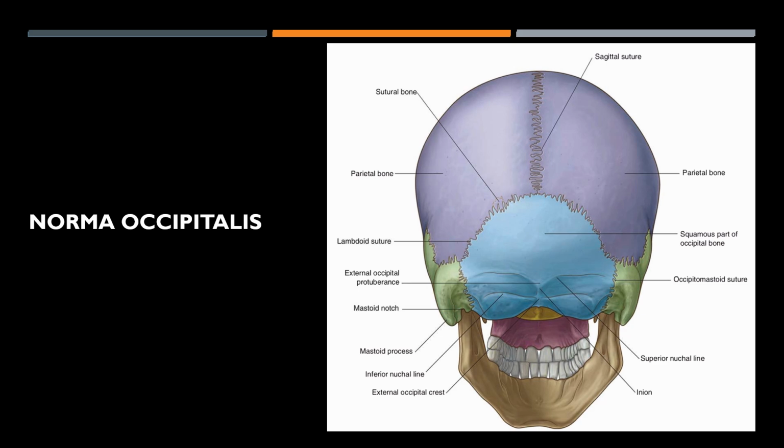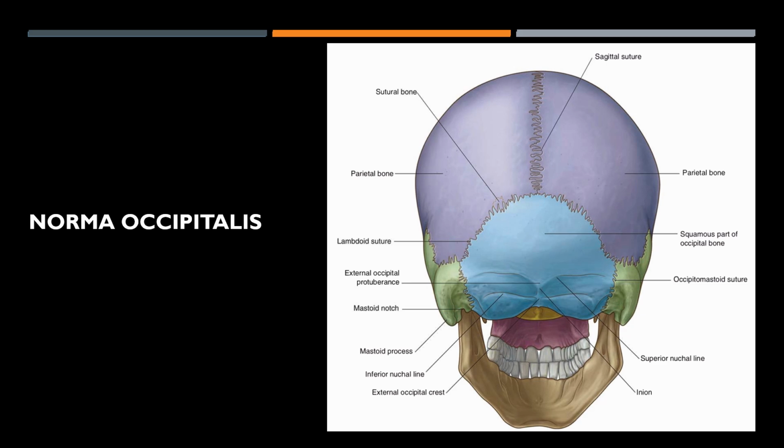Extending laterally from the external occipital protuberance, we have the superior nuchal line, which is here, and we also have the inferior nuchal lines, which are lower down here. These ridges are important attachment sites for muscles in the head and neck, such as the trapezius muscle and splenius capitis.